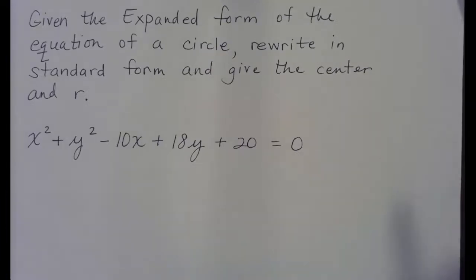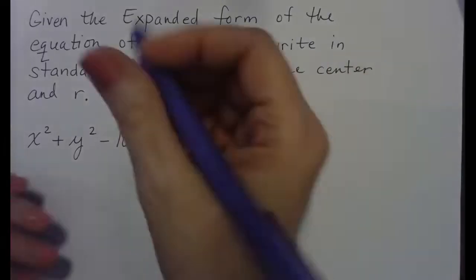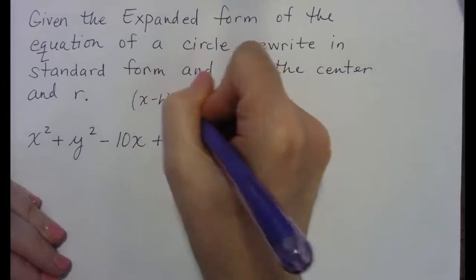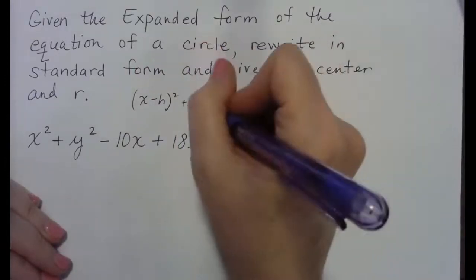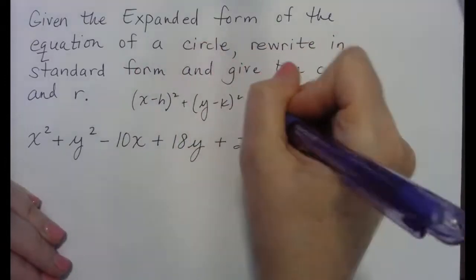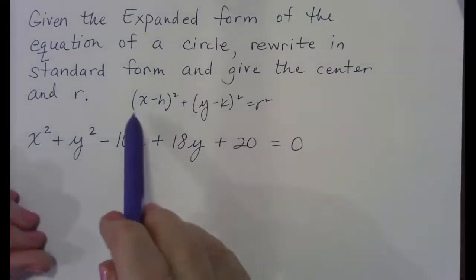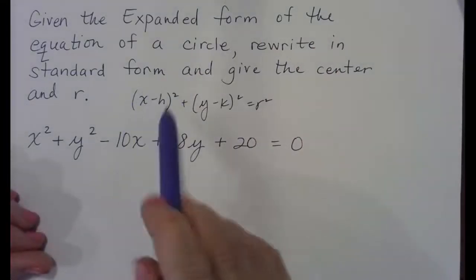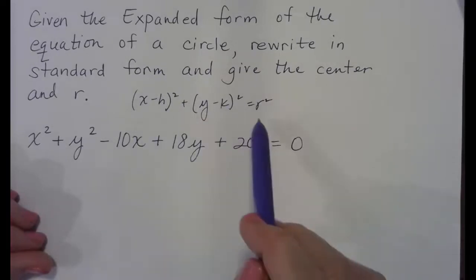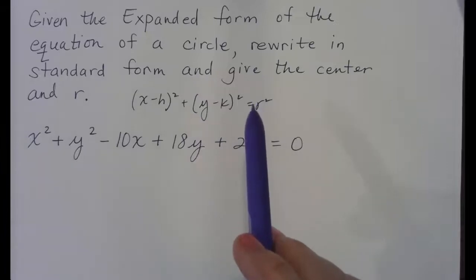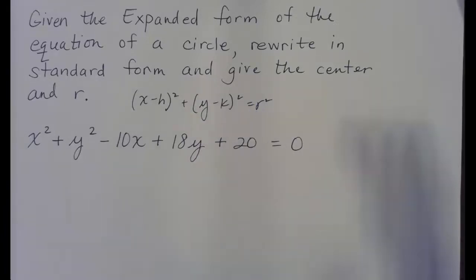So to enable us to do that, it might be helpful for you to just go back and rewrite that general form, standard form, same thing, and think about where we need to go. So we need to factor the x's, we need to factor the y's, and we need to isolate the constant values on the right to find out what the radius is.